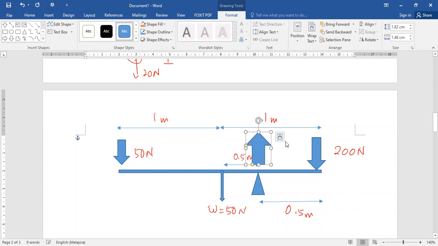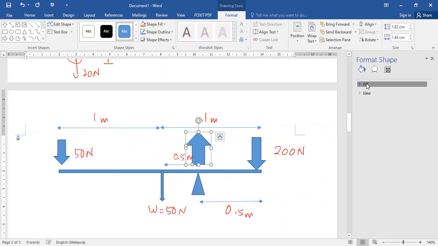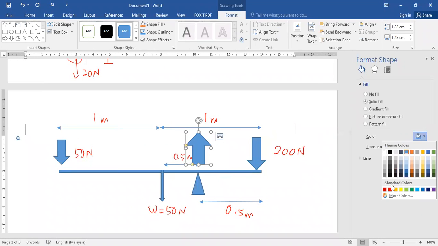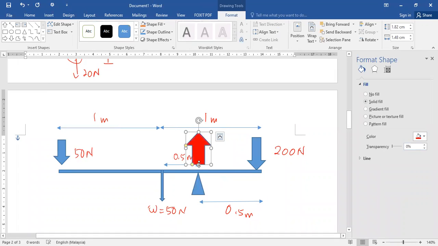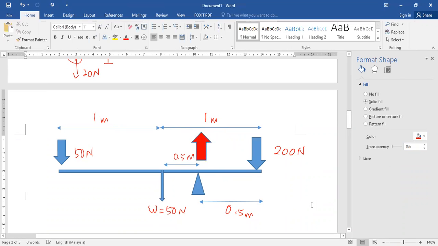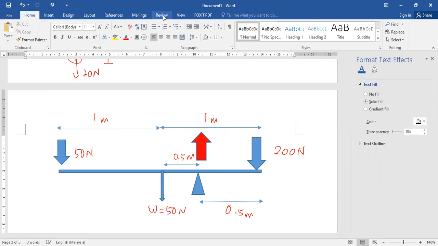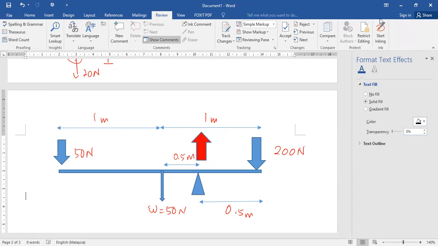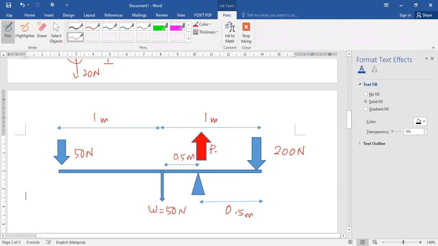Let's say I change the color. Normal reaction is R. So how much is the R?